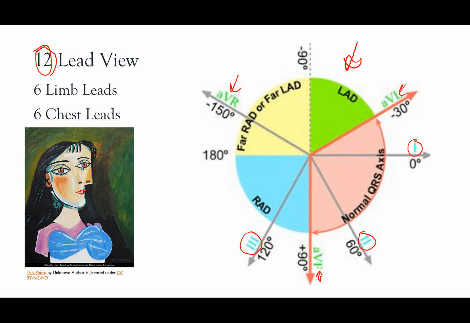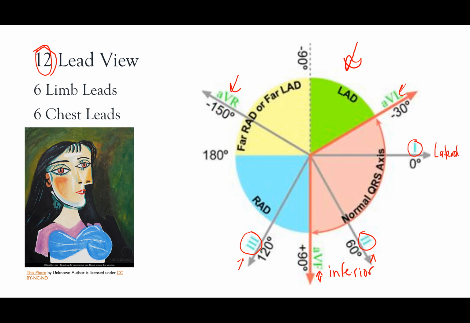So when you're looking at lead 1 on an ECG, what you're getting is kind of a left-sided or maybe lateral view of the chest. When you're looking at lead 2 and lead 3, you see here you're getting what we would call an inferior view. We call those the inferior leads.